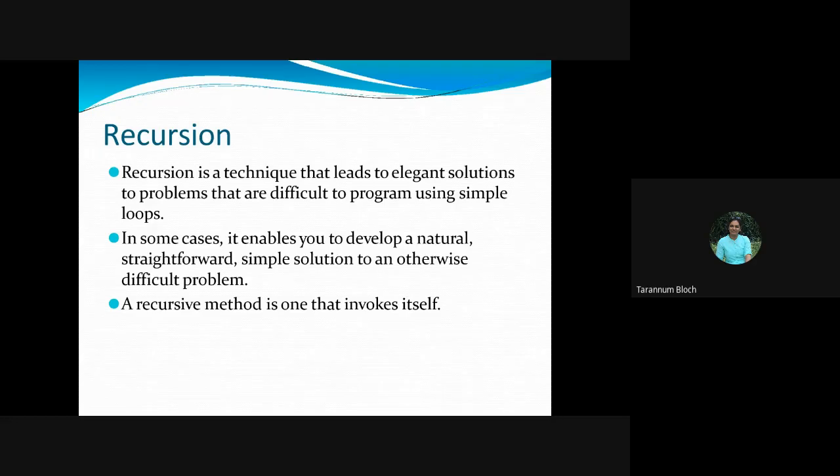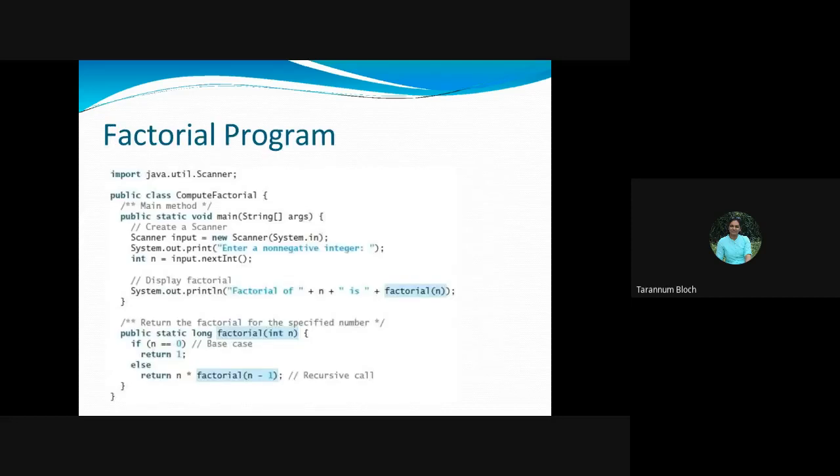So as you all said, recursion is a technique which leads to an elegant solution to problems that are difficult using the simple loop, right? And in some cases, it allows you to develop a natural, straightforward and simple solution to a difficult problem, right? So a recursive method is the one which calls itself.